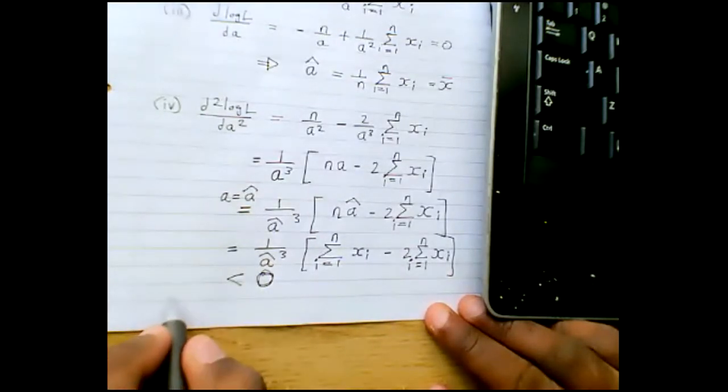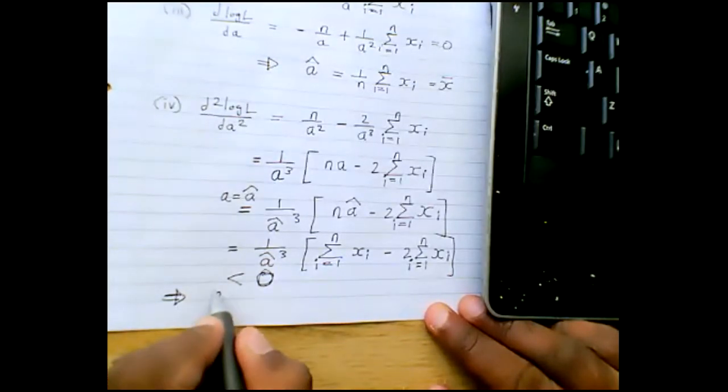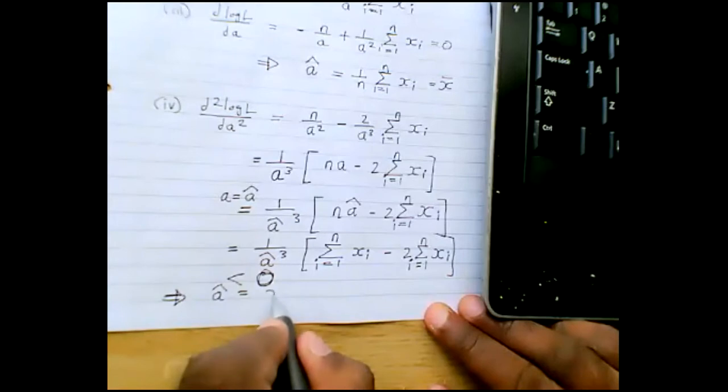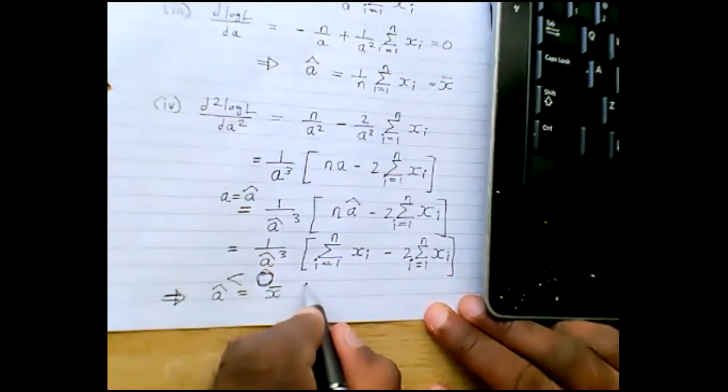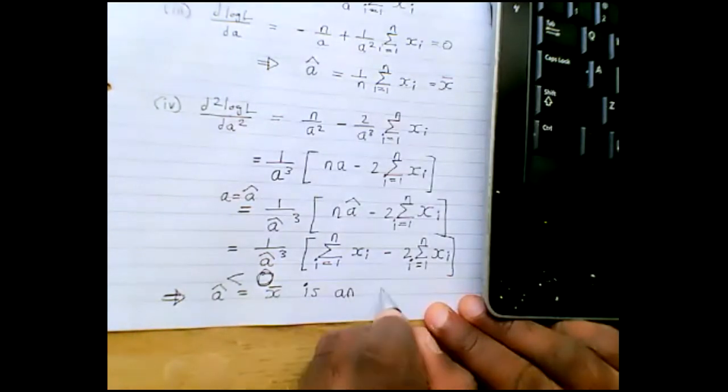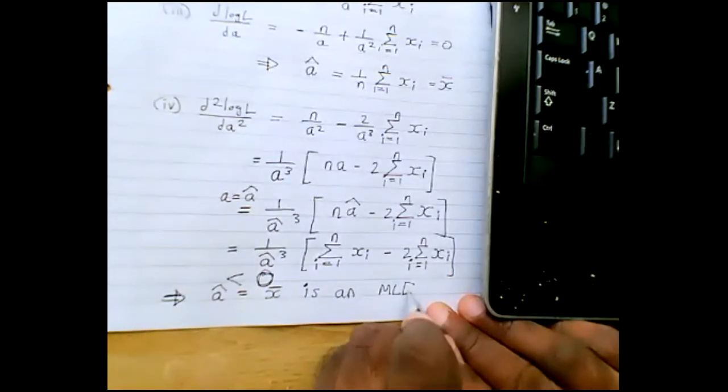So since this is negative, we have shown that a hat, given by X bar, is an MLE. All right, so this completes example 1.